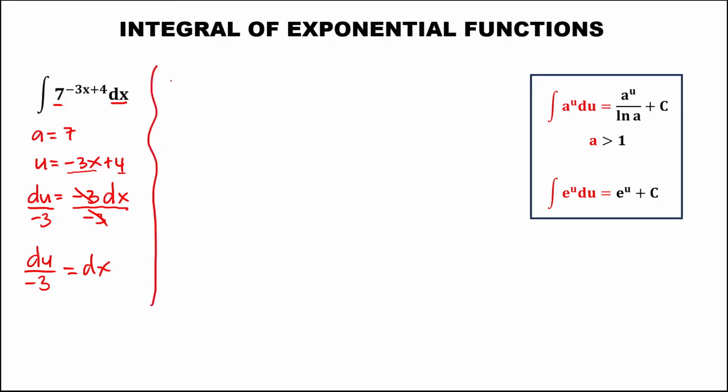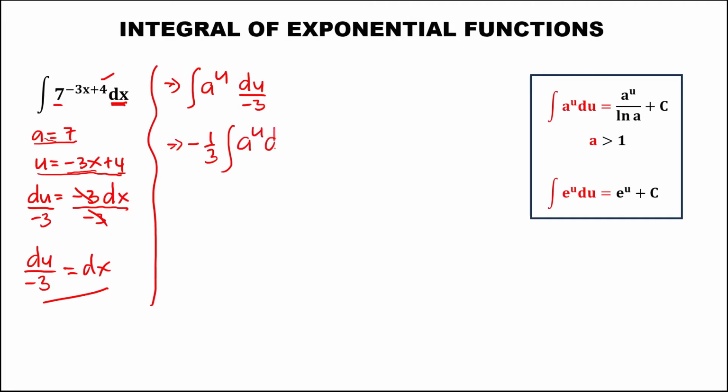Then using the u substitution, we have the integral of a to the power u, and dx is equal to du over negative 3. Then we need to put this denominator negative 3 outside. So we have negative 1/3, then the integral of a to the power u du.